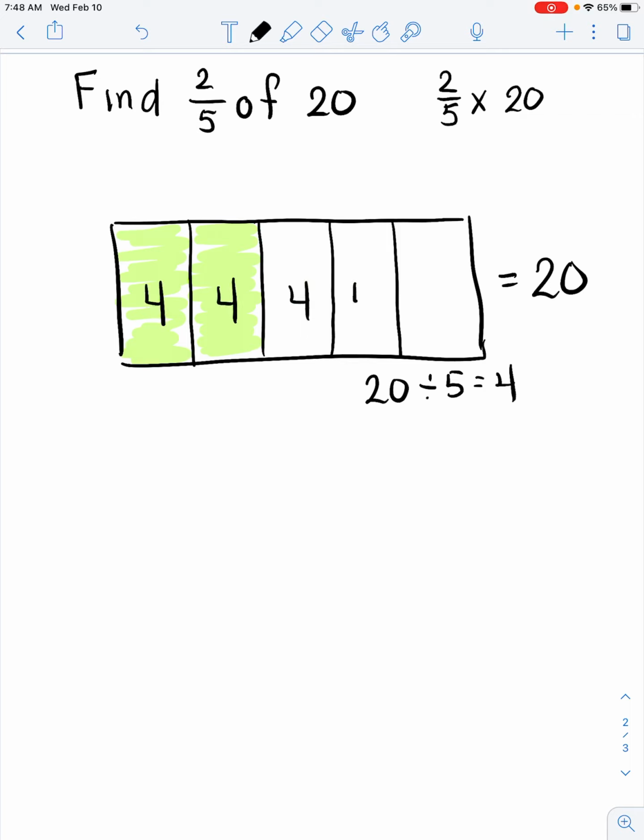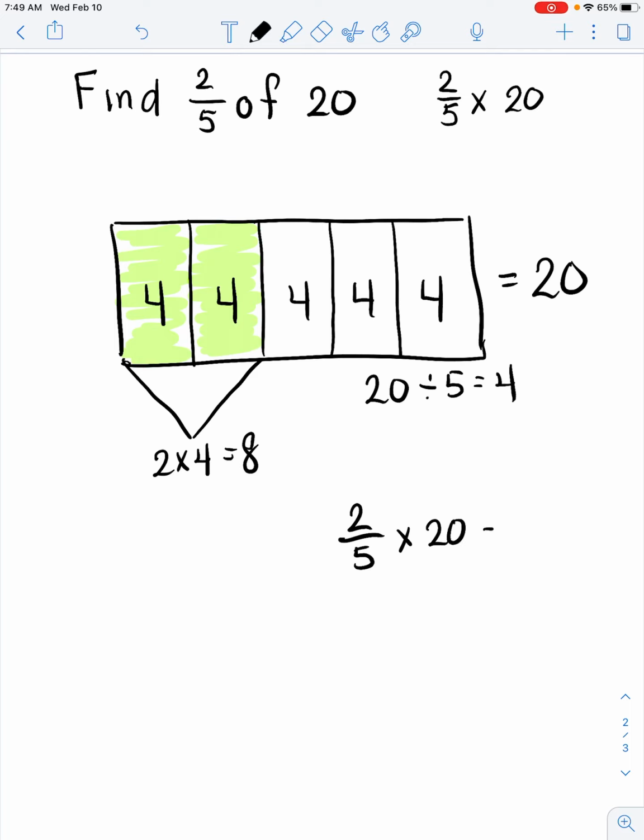So each box is 4. But look, I have 2 shaded boxes because I'm interested in 2/5, and so 2 times 4 is equal to 8. So 2/5 of 20, or 2/5 times 20, is equal to 8.